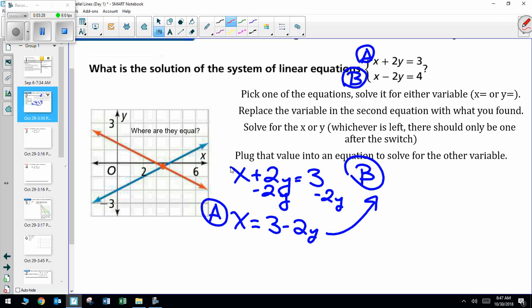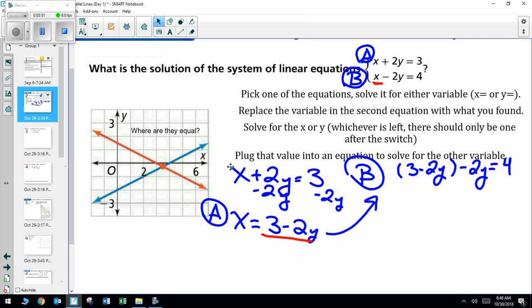If I replace x in that second equation with 3 minus 2y, I get 3 minus 2y minus 2y equals 4. So see how that is the second equation, but instead of x, I replaced it with what x is equal to. So I can plug in 3 minus 2y.